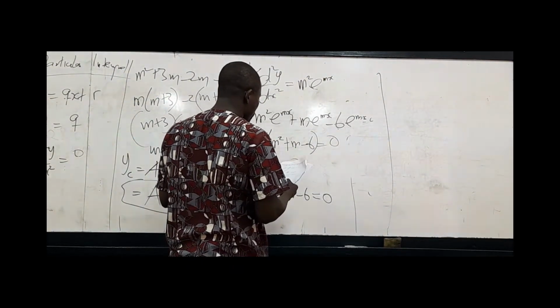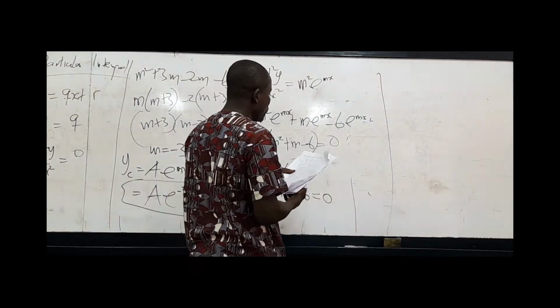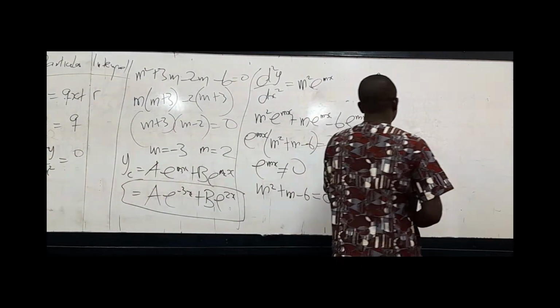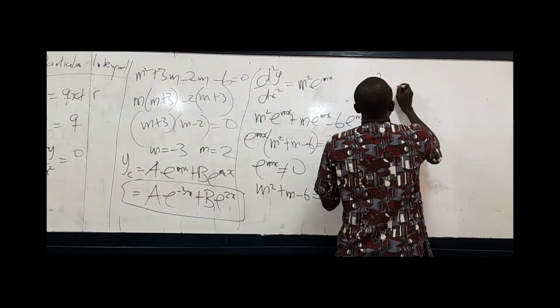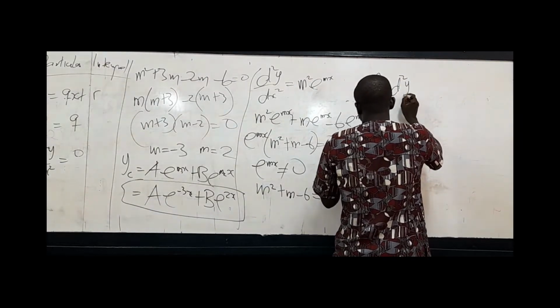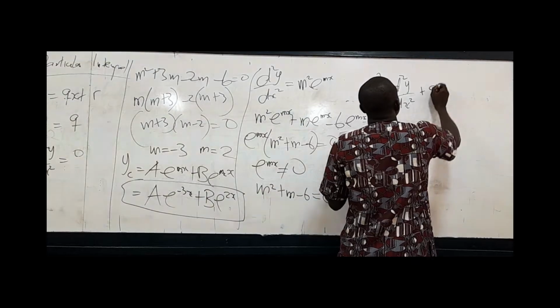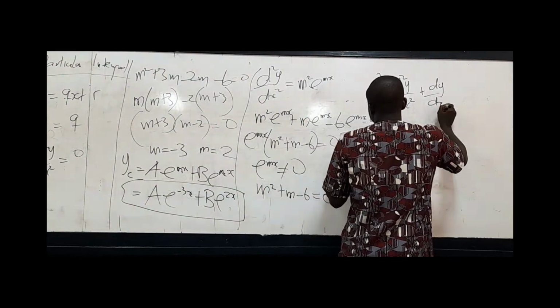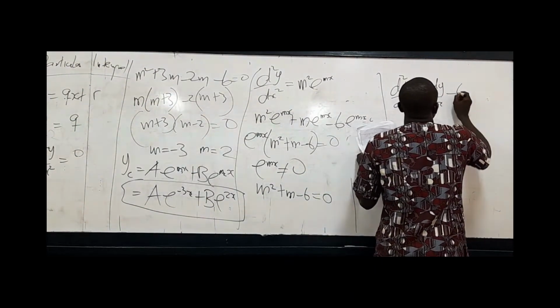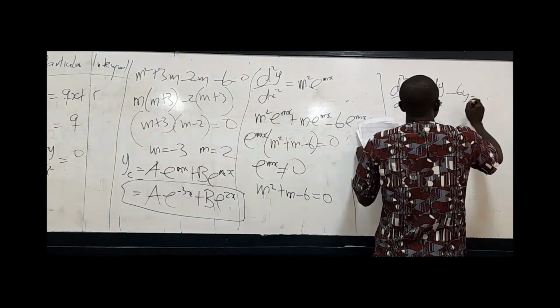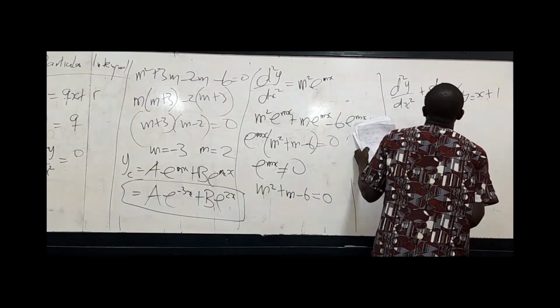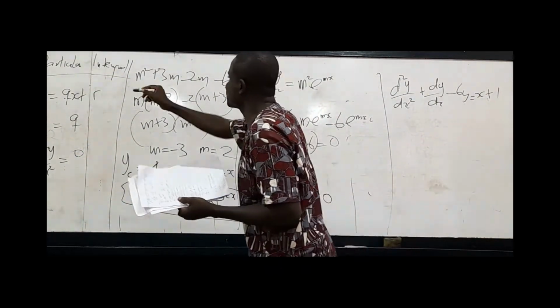So we are now going to put this into the equation. What is the equation? The original equation was d squared y over dx squared plus dy/dx minus 6y is equal to x plus 1. So now, let us plug these figures inside.